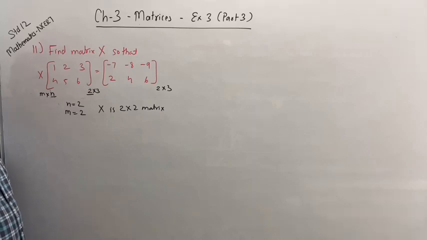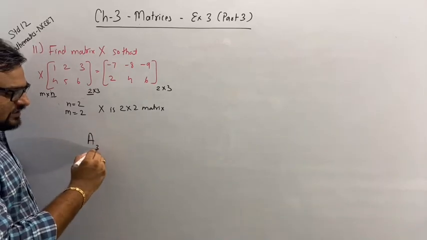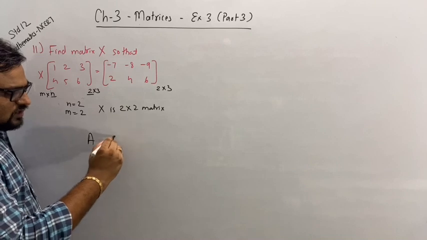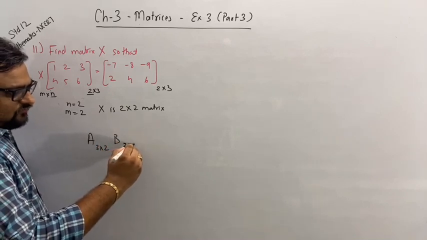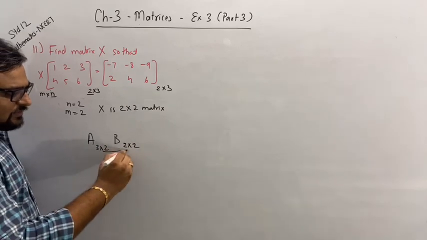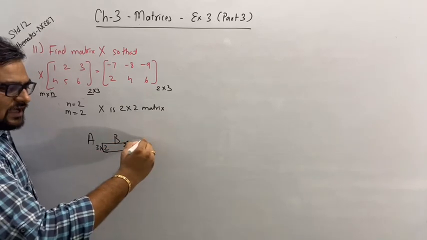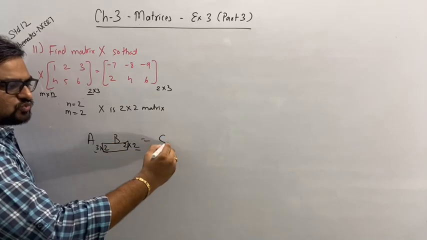Like for example, if matrix A is 3 cross 2 and matrix B is 2 cross 2, clear, then we can multiply it and the answer C will be 3 cross 2.